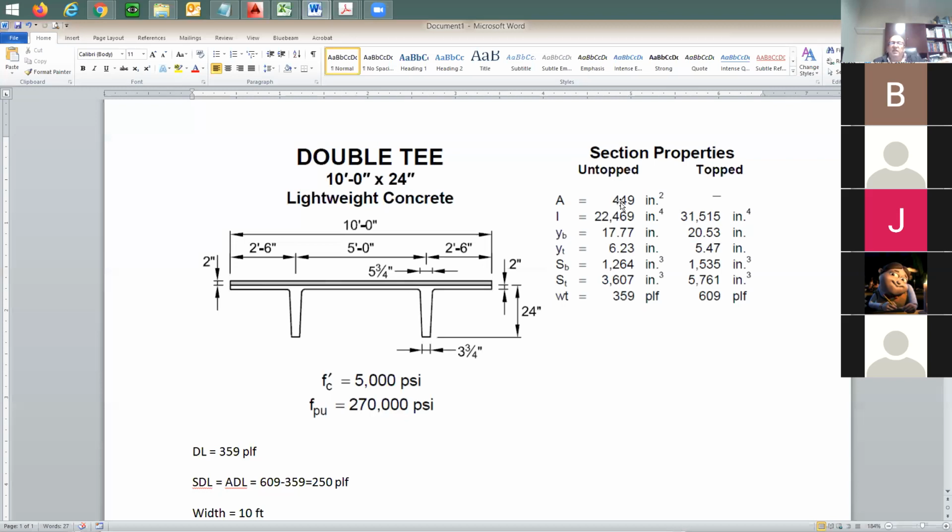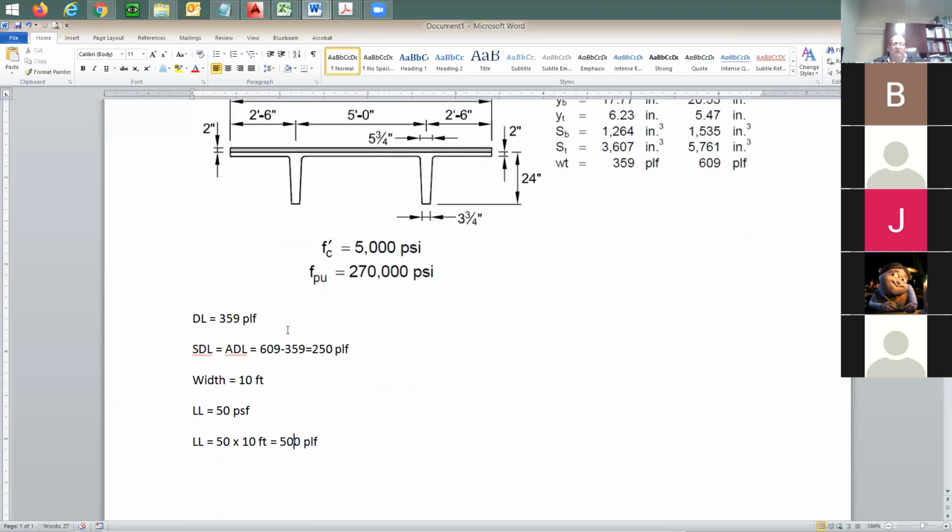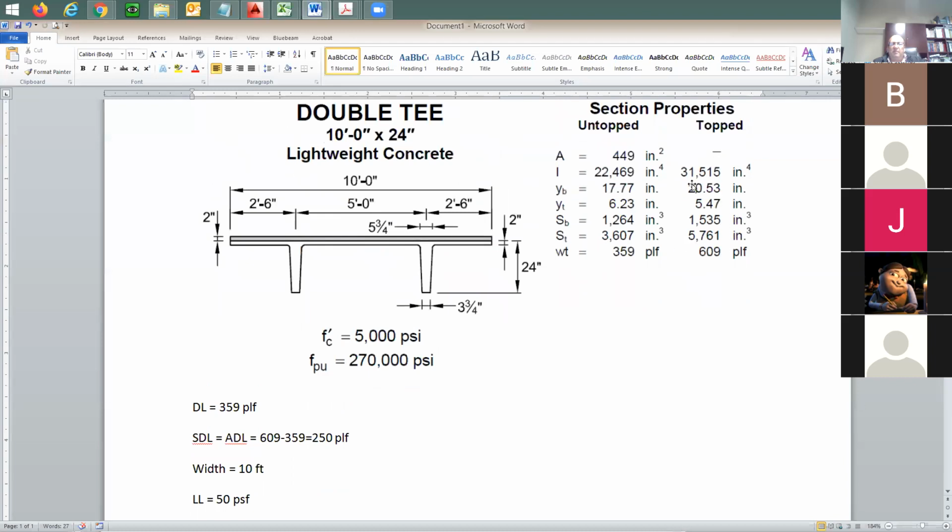But for the additional load above the dead load, which means superimposed dead load and live load, for both of these two loads, right? The effect of this additional load, you can use these top properties.